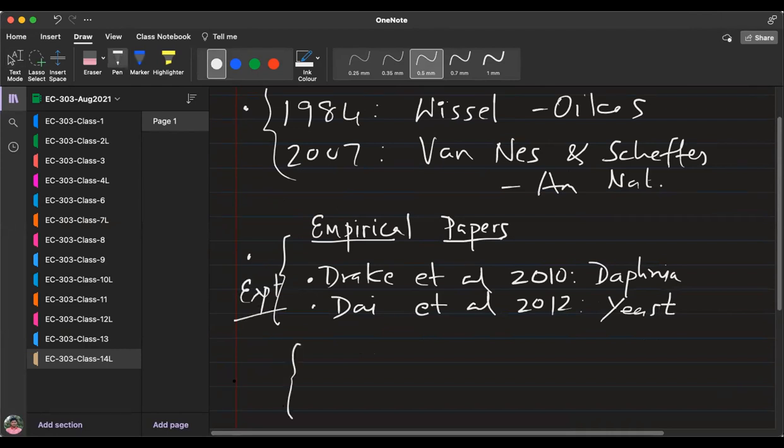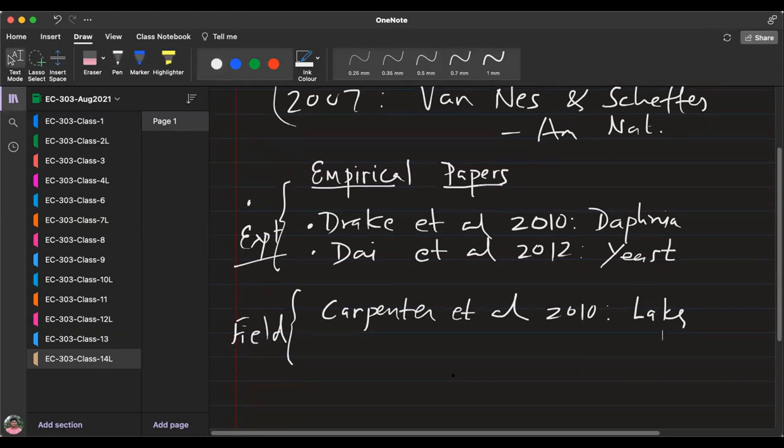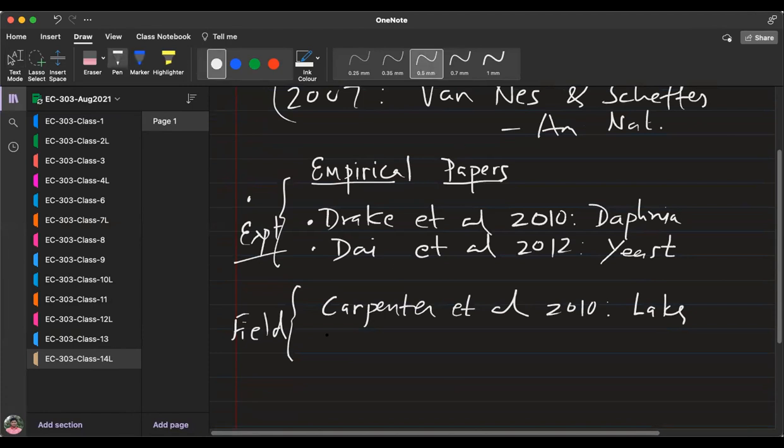Then there are also field data. There are about 3 papers. Carpenter et al. 2010, from lakes. And then there is another paper, I think again on lakes, but they use some diatom data.